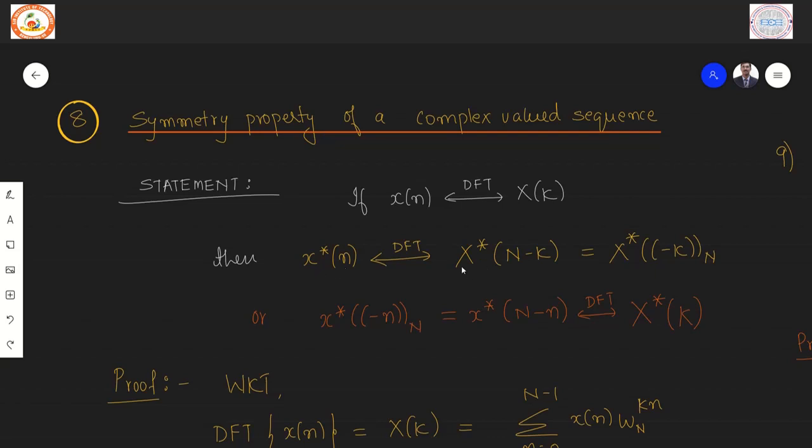Now this property tells us that in the frequency domain, we get x conjugate of n minus k. In other words, it is x conjugate of minus k mod n. So here we can see some elements of the time reversal property, but the additional part here is the conjugate.